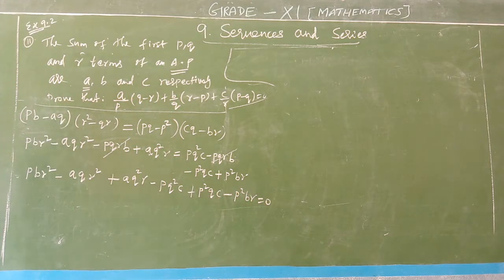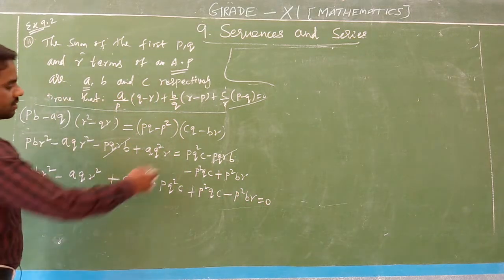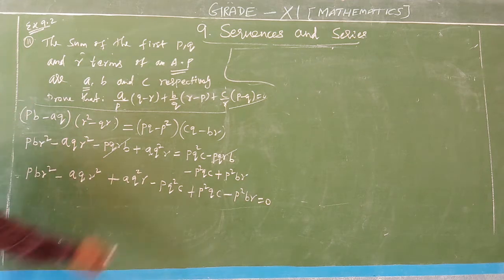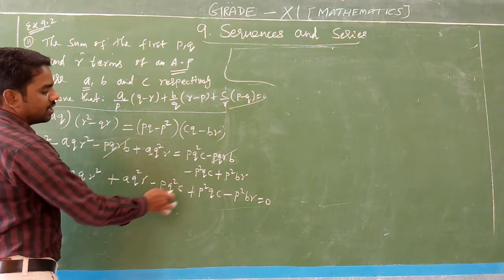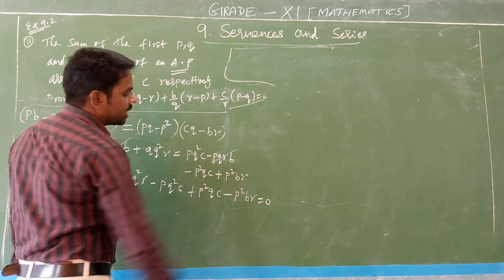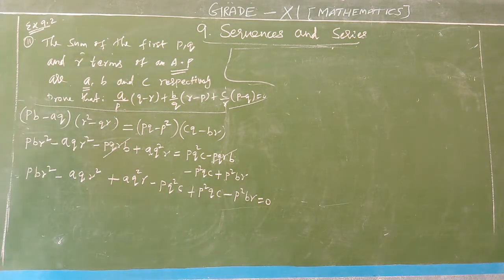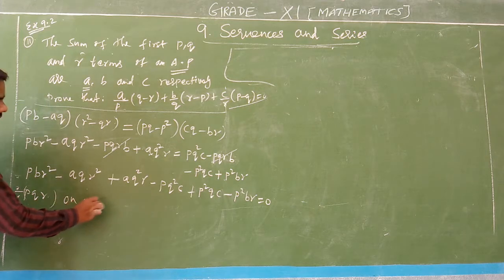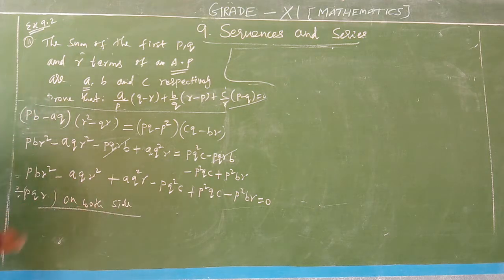So the left-hand side is equal to 0. Any other same value? No, all are different. So divide by pqr on both sides.